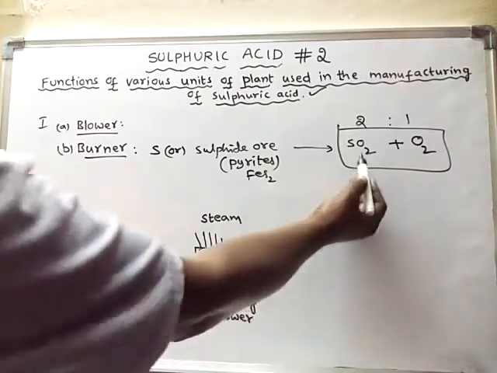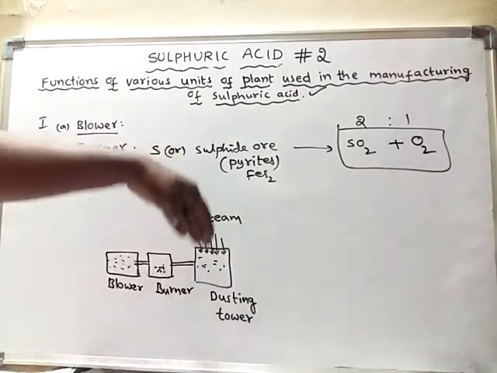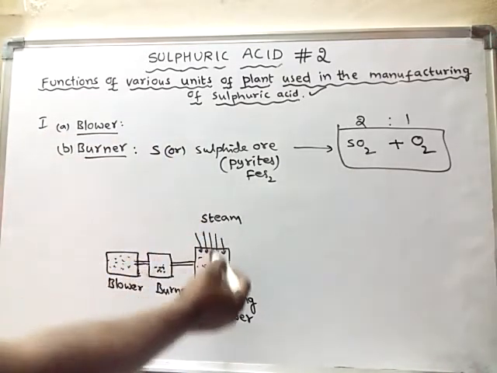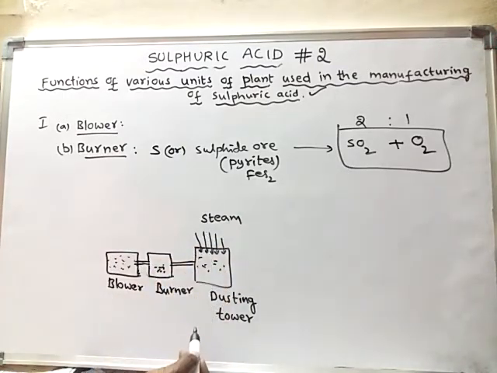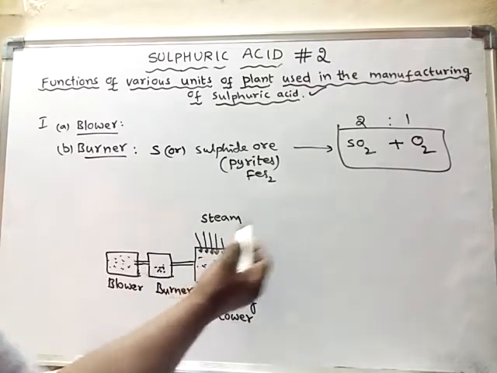In this dusting tower, the mixture is present and steam is coming in. This steam removes the dust. The majority of the dust is removed from this mixture by the steam.